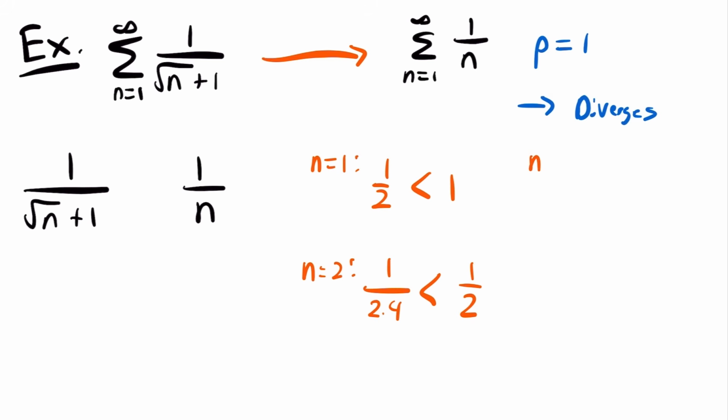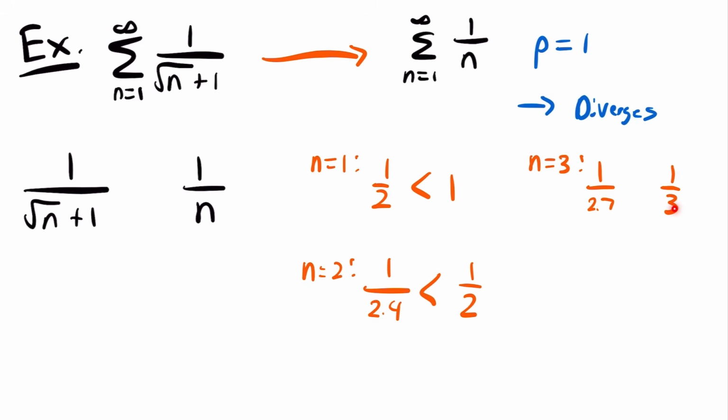When n equals 3, we will have 1 divided by the square root of 3 plus 1, and 1/3. Now the square root of 3 is approximately 1.7, and so 1.7 plus 1 is 2.7, so this denominator is approximately 2.7, and that is a smaller denominator than what we have over here.